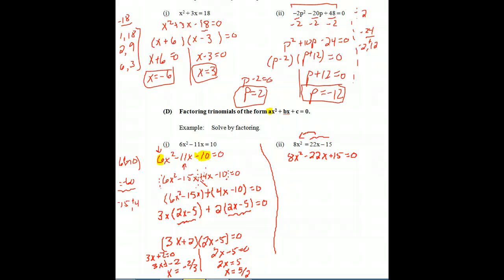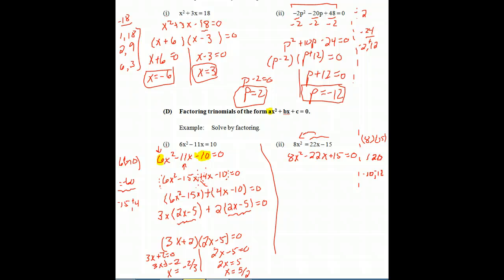Well, you should see if you can divide everything here by a common factor, and you can't. So your next step now is say 8 times 15. So 8 times 15 is 120.